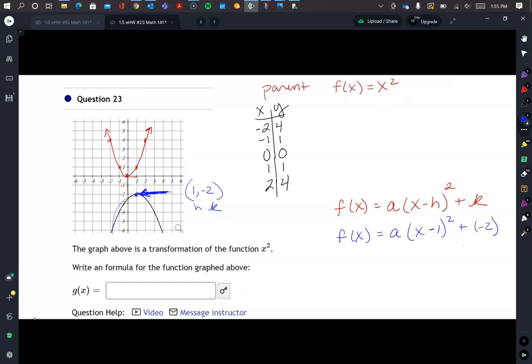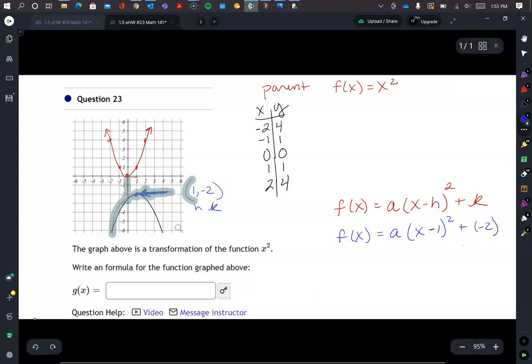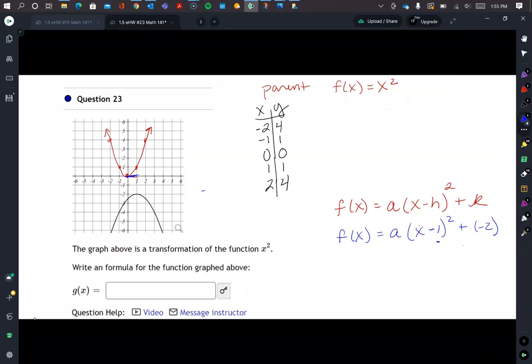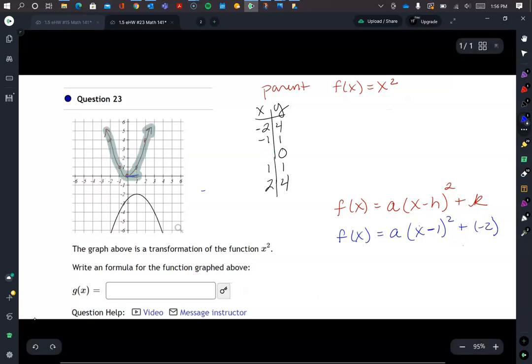One thing to think about too is you could have done it a couple of different ways. You could have said, I know my vertex started at x equals 0 and it shifted right 1, so everything has to be written as the opposite for the x, because of what would happen to get this back to its original. So we would want to write -1 in there, and then the original being 0.